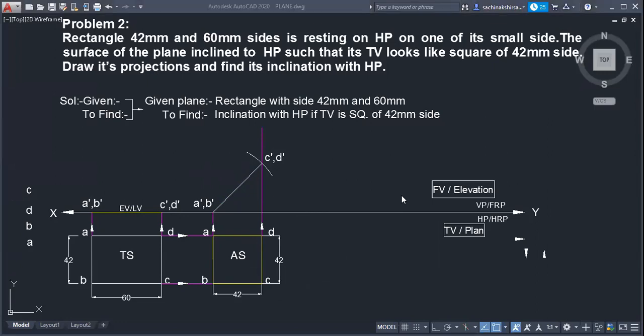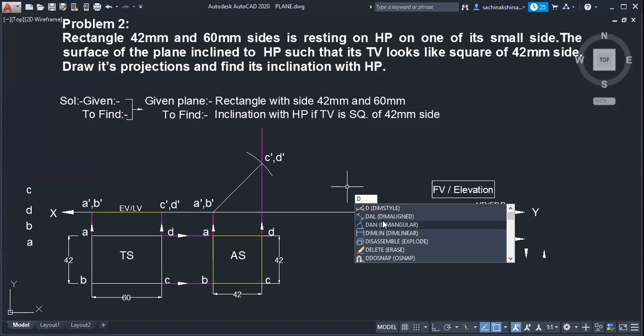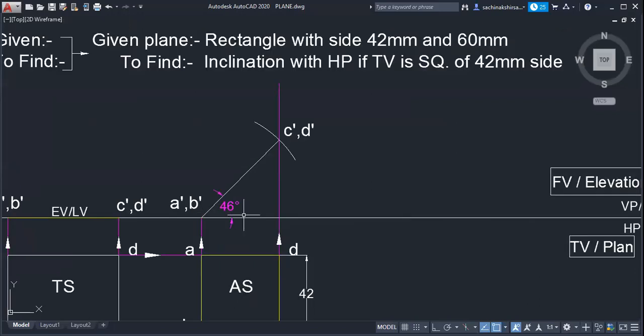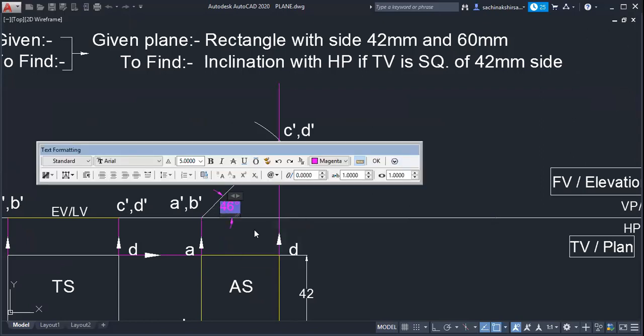Yes, sir. Shall I believe it is 45? Yes, sir. Let's check my angle. It is coming 46, it should be 45. In my case it is going beyond something. Maybe 45.